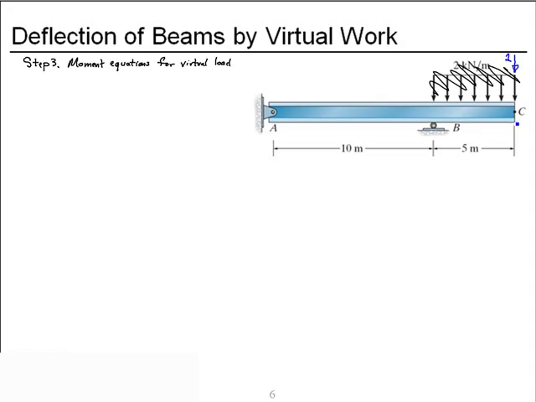I'm guessing that deflection will be down, so I'll draw it down. If it turns out I guessed the wrong direction and it's up, I'll get a negative quantity for my answer.